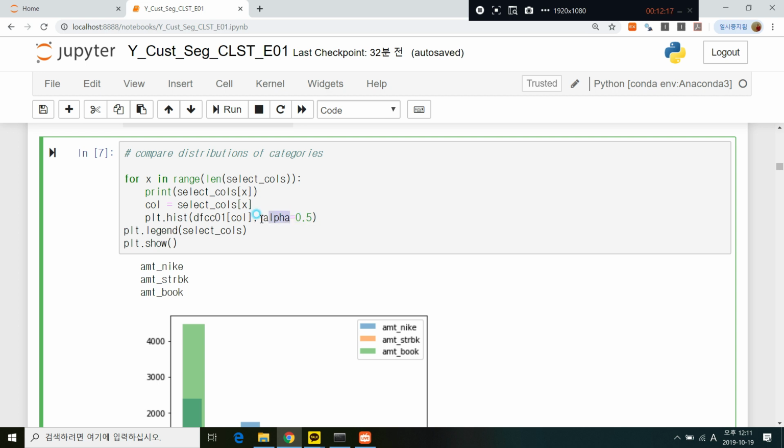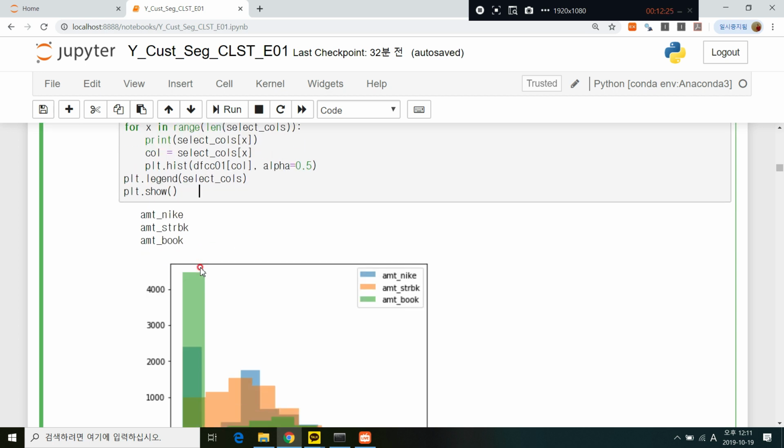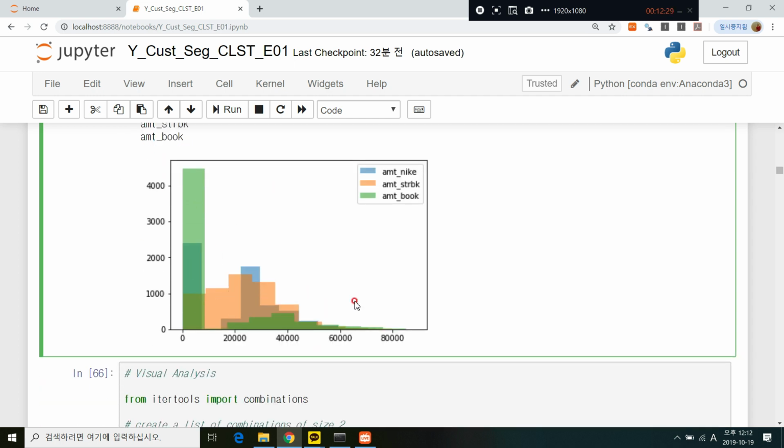This option makes it a little bit transparent. Then we can see the 3 different category distributions in a single chart. The blue one is amount Nike, the orange one is amount Starbucks, and amount book is in green.